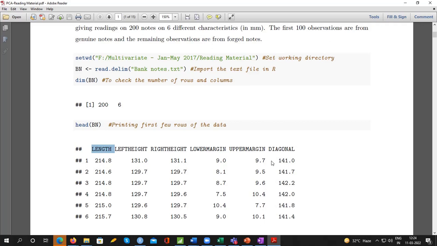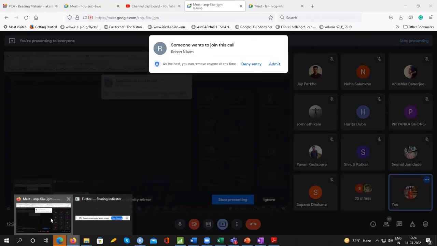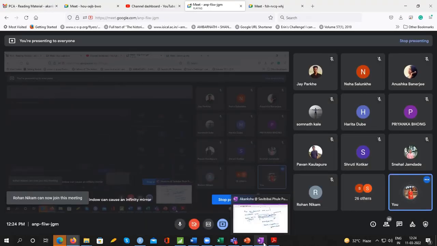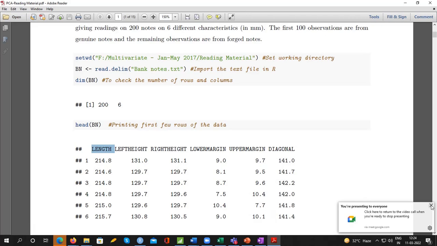For example, 131 and 131.1, which means there is hardly a difference of 0.1 millimeter, not 1 millimeter, because these readings are in millimeters. You can't have a note which is 131 centimeters, this is 131 millimeter. So hardly a difference of 0.1, or sometimes, for example here, 0.3 millimeter.